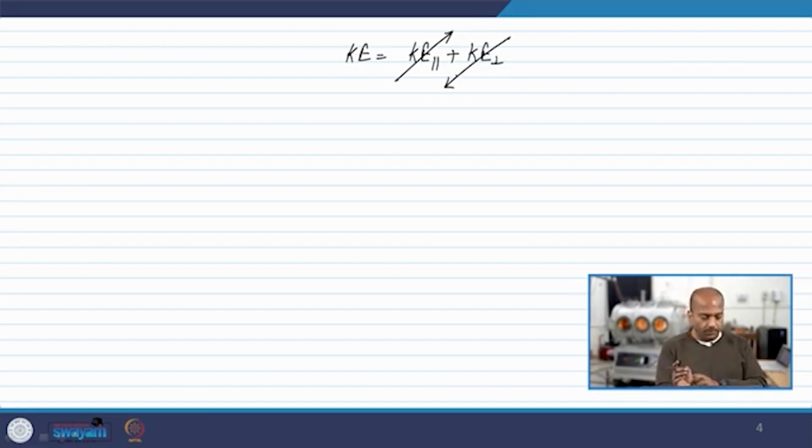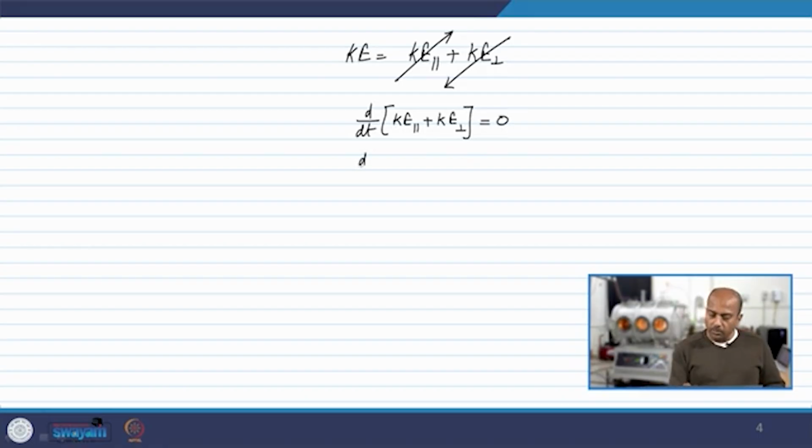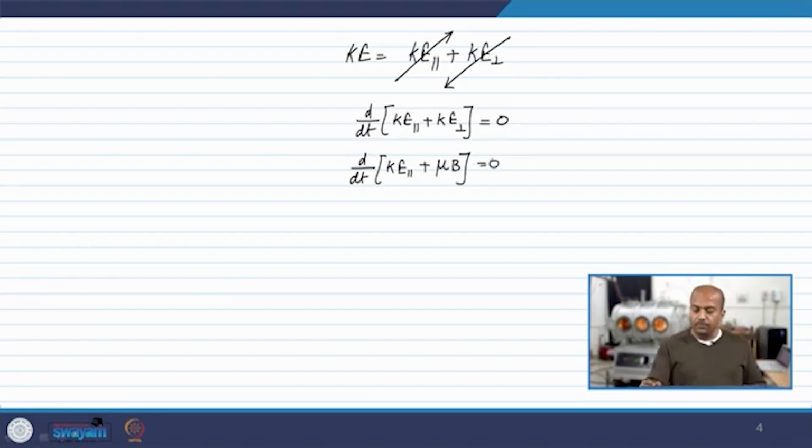As simple as that, right. So we will write it as d by dt of KE parallel plus KE perpendicular should remain constant. Or in terms of things that we know, d by dt of KE parallel plus KE perpendicular, which is mu B, is equal to 0.